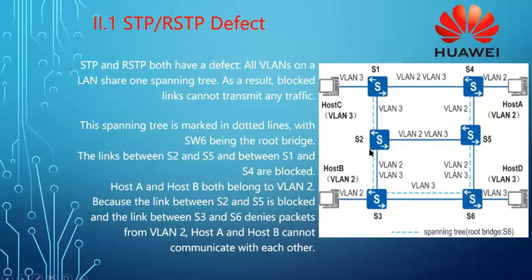Each STP or RSTP tree here belongs to one or to all VLANs present in my lab, and that is a defect. Why? Because some links here are not used.